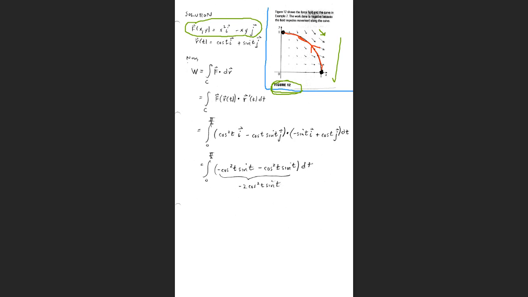Do you think the net effect of the force field is to help the particle move along that path or hinder it? Are the force field vectors acting against the movement of the particle or with the movement of the particle overall in figure 12?